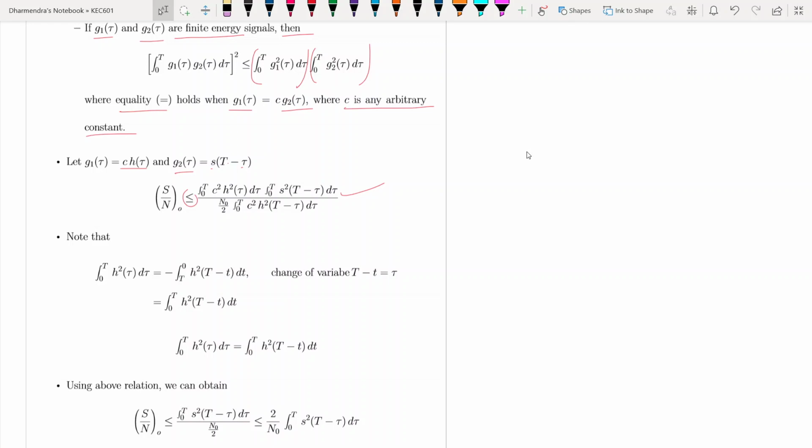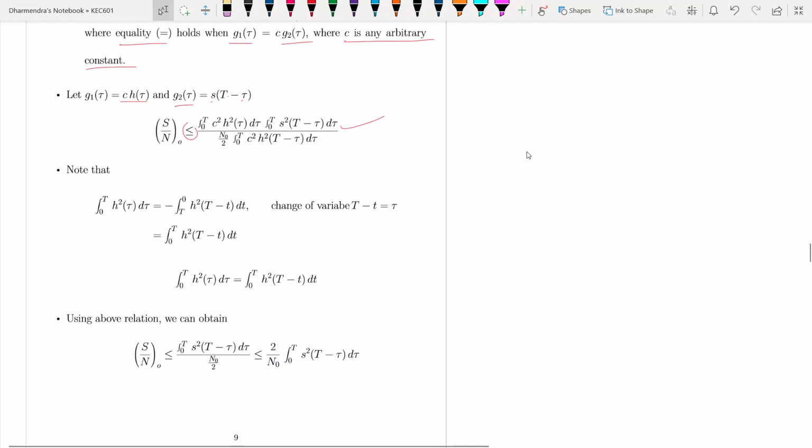Now, note that for this one, the integral from 0 to T is the integration of the square of h of tau from 0 to T. Apply the change of variable, assuming that capital T minus small t is tau. So when tau is 0, t will be capital T.